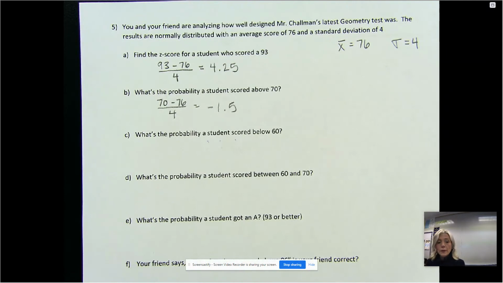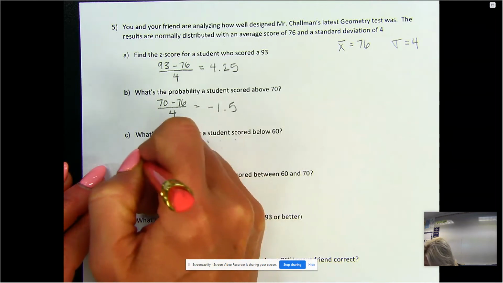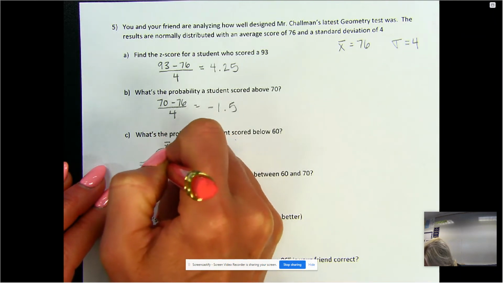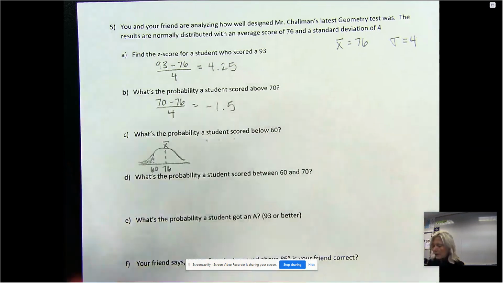What's the probability that a student scored below 60? So now we want to know, if our mean is 76 and 60 is down here somewhere, what's the probability somebody scored in that area?